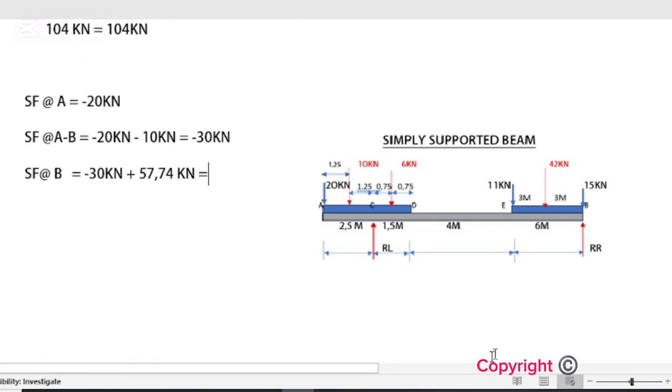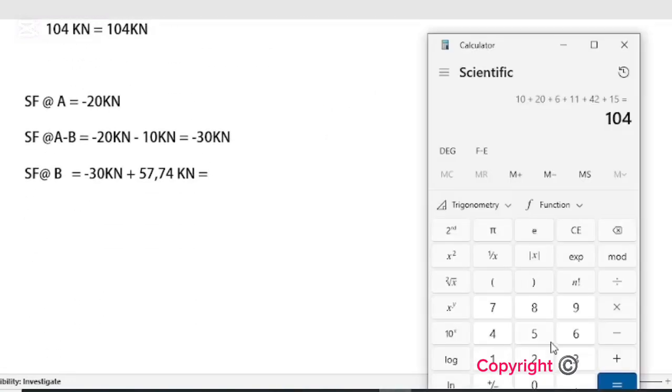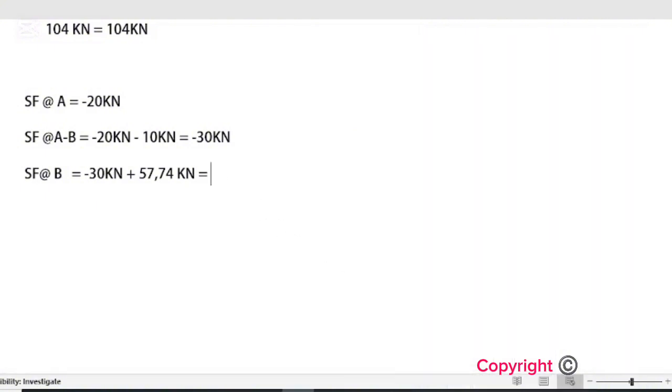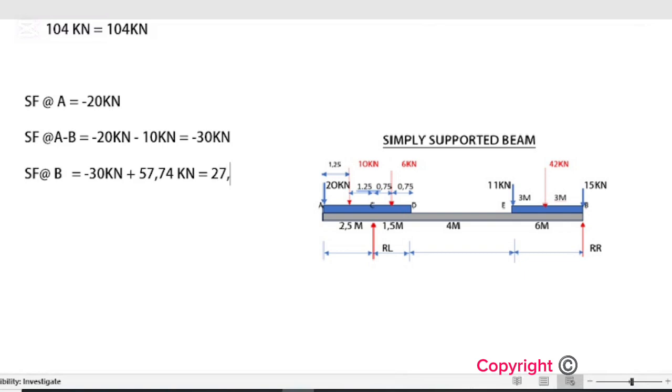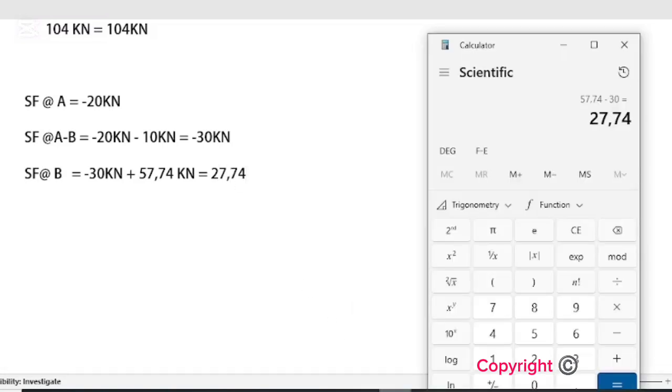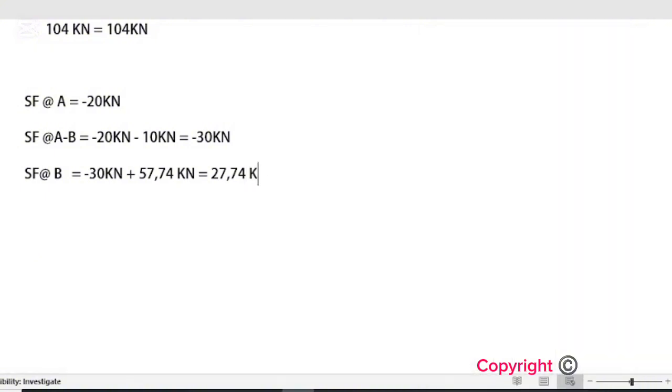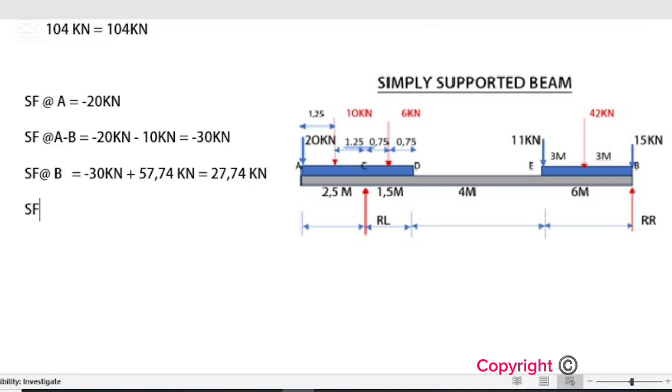Yeah, so let me take my calculator and say 57.74 minus 30. How much is it? The answer is positive 27.74 kilonewton. That's the answer.